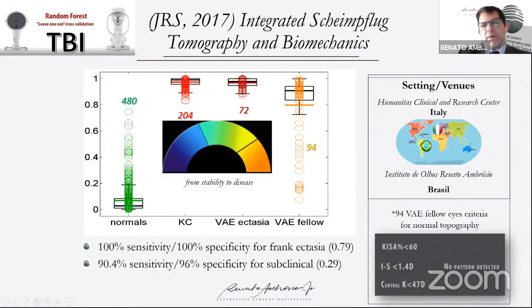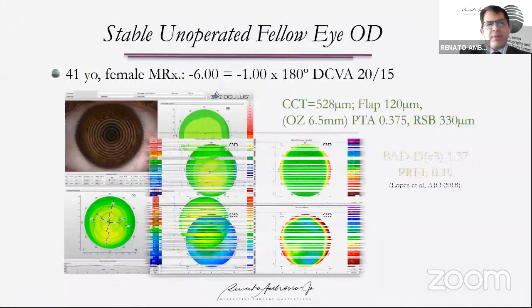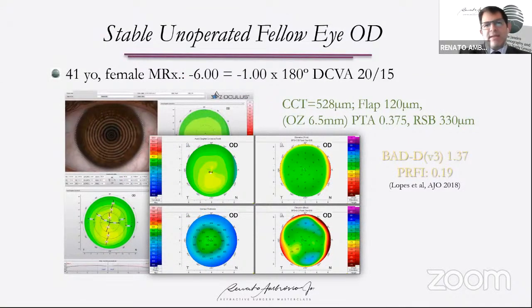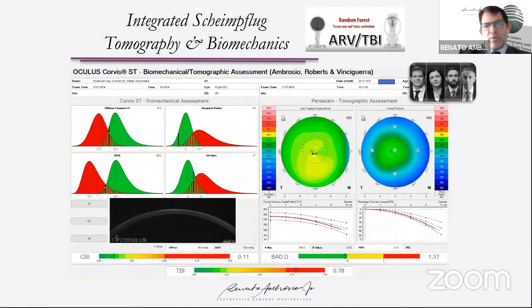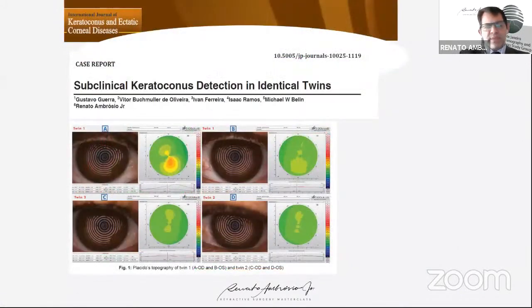And this is, in our opinion, a surrogate or an epitome of corneal biomechanical susceptibility. And the case that we published in 2010 is still stable in 2015. She would be very abnormal on the integrated tomography and biomechanical value, which makes the separation easy to understand.